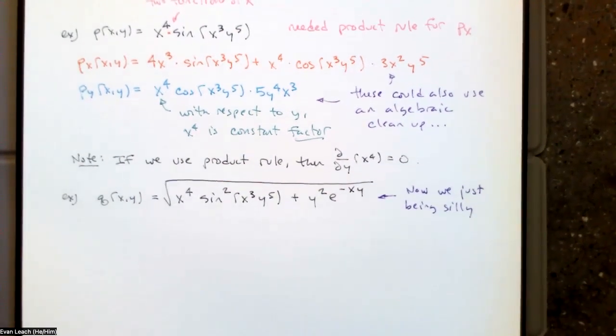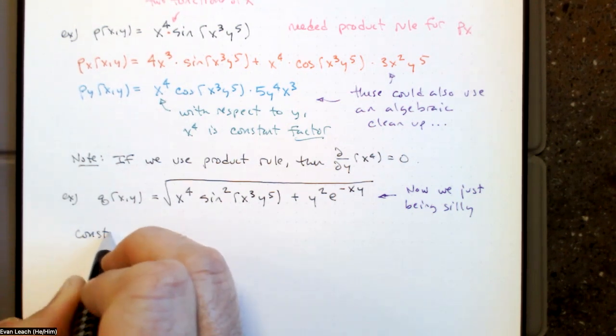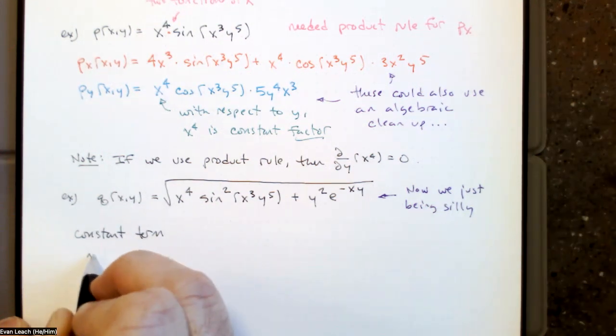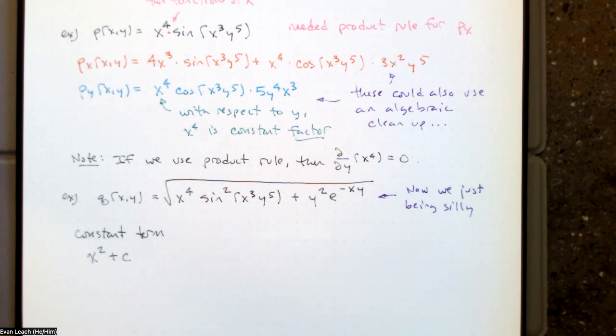Anyway, so the difference between constant term versus a constant factor. So x squared plus c. So that plus c is its own term. It's not being multiplied by the x squared.